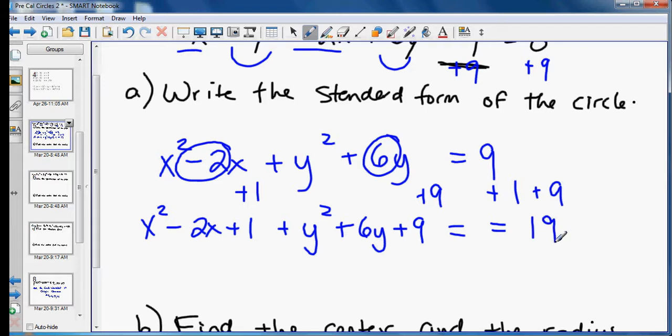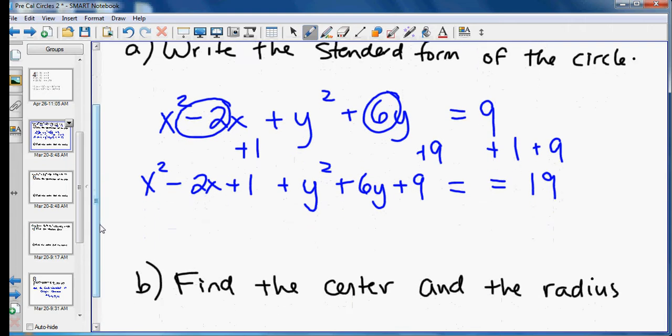Okay, now we factor. Remember, the whole point of completing the square is it becomes a square. And it turns out that you'll always end up with the term right after the x or the y being exactly half of that middle term. So cut -2 in half, it's -1. That's it.